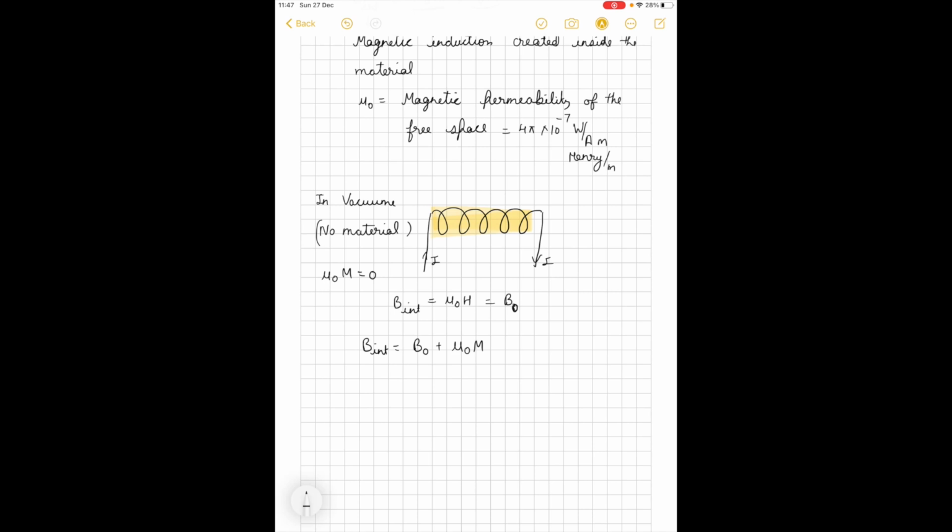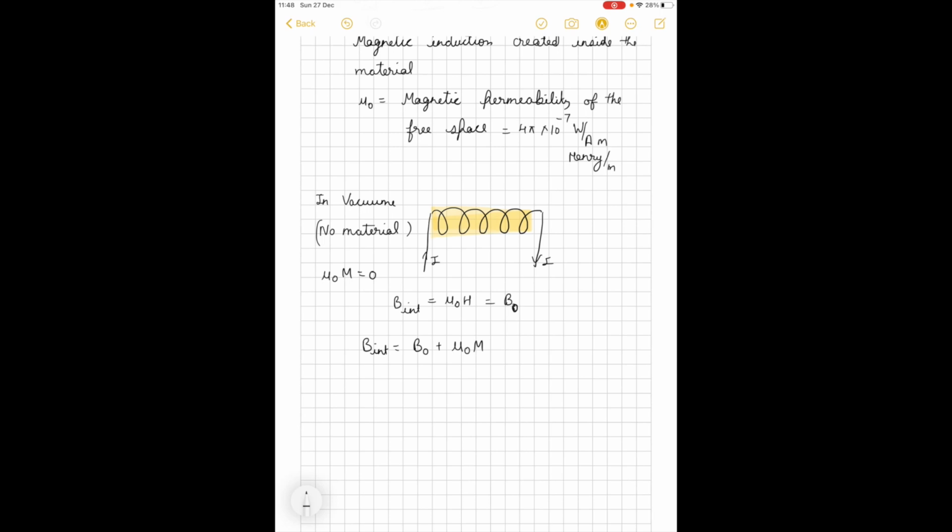So, for example, if you put copper or aluminum or silver or a superconductor or iron inside the solenoid, meaning this yellow part is replaced by any of these, then the magnetic response will be different.